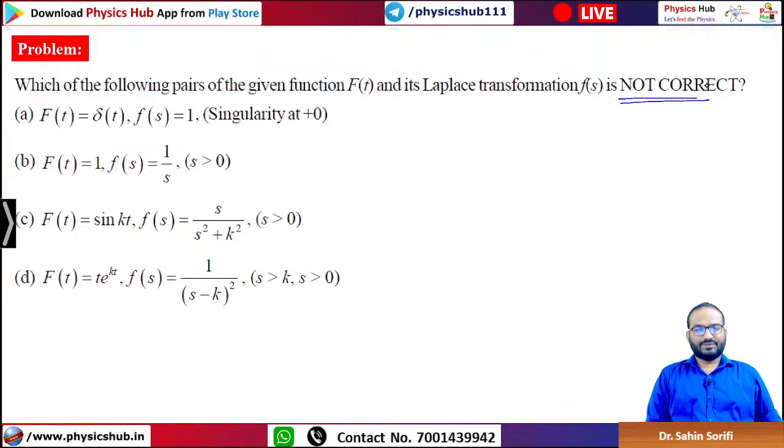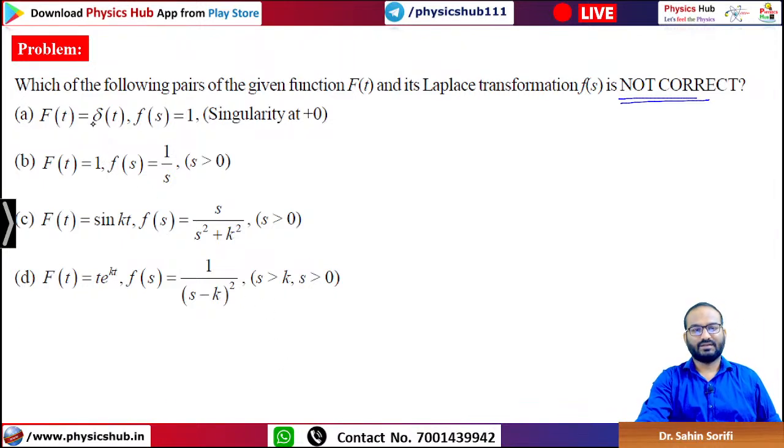f of t equals delta t, Laplace transform of Dirac delta; Laplace transform of 1; Laplace transform of sin kt; Laplace transform of e to the power kt times t. C, Deep again going for C. C is not correct. Okay, the first one is correct.